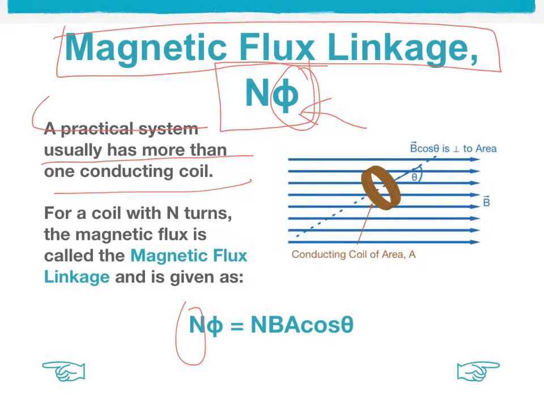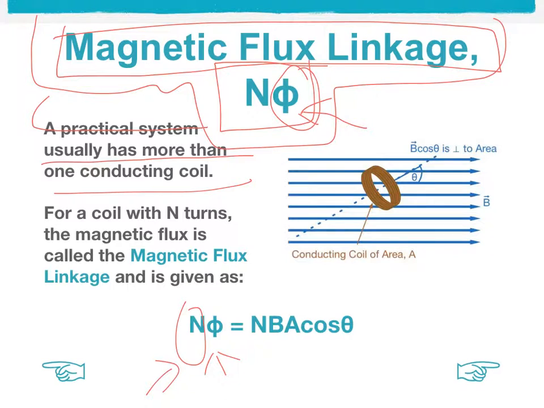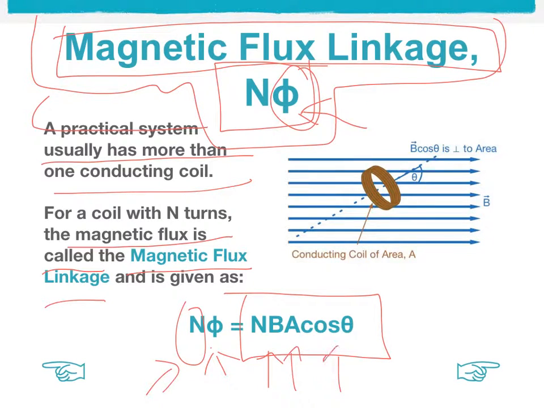We call that a flux linkage, and flux linkage is simply the flux times the number of coils. Our magnetic flux linkage, which is the magnetic flux considering the number of coils, is N times phi, which would be N times BA cosine the angle.